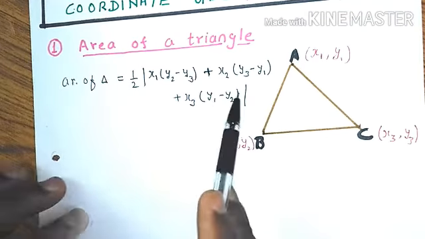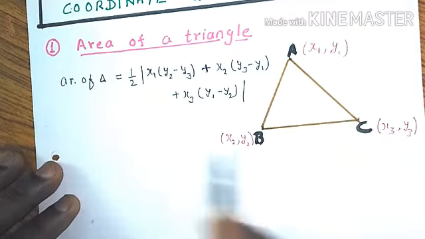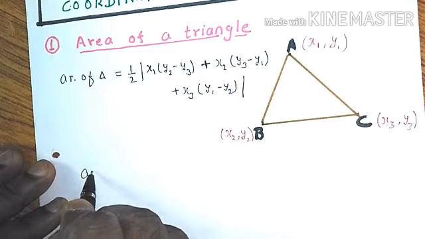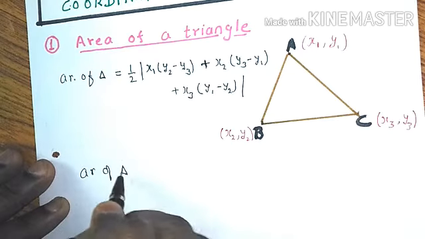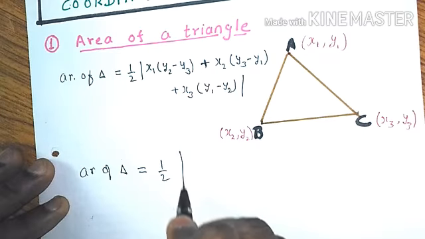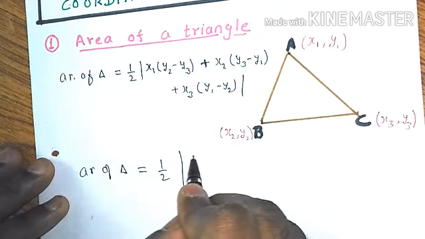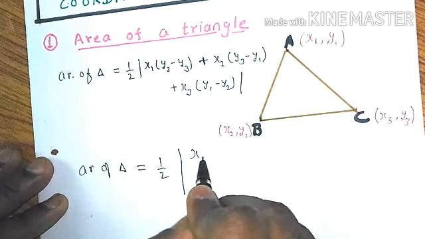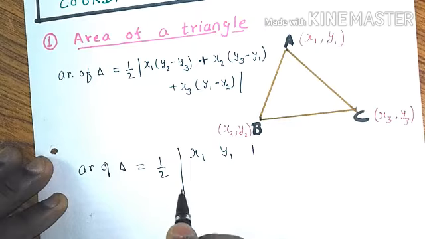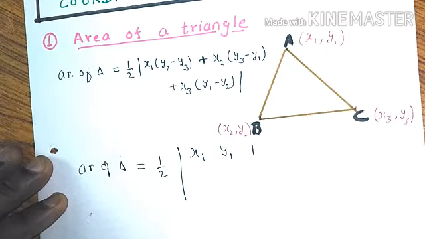But this formula can also be obtained if we expand the determinant. That means the area of the triangle can also be obtained if I write the coordinates in determinant form: the first coordinate x1, y1 and then 1, because the determinant is calculated for a square matrix.